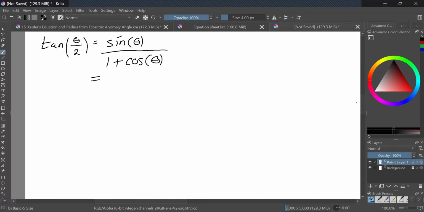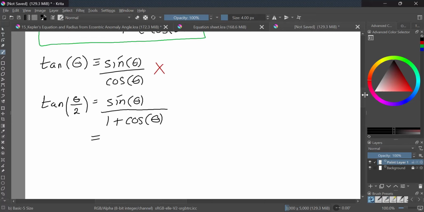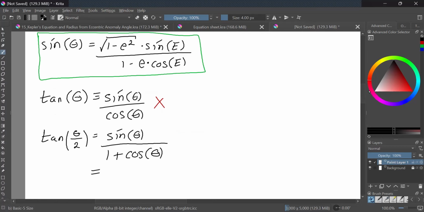So we're going to start with the sine, and I have it written off to the side here, but we're just going to plug this whole thing in. Even though I have it written off to the side, I'm just going to copy it from here.